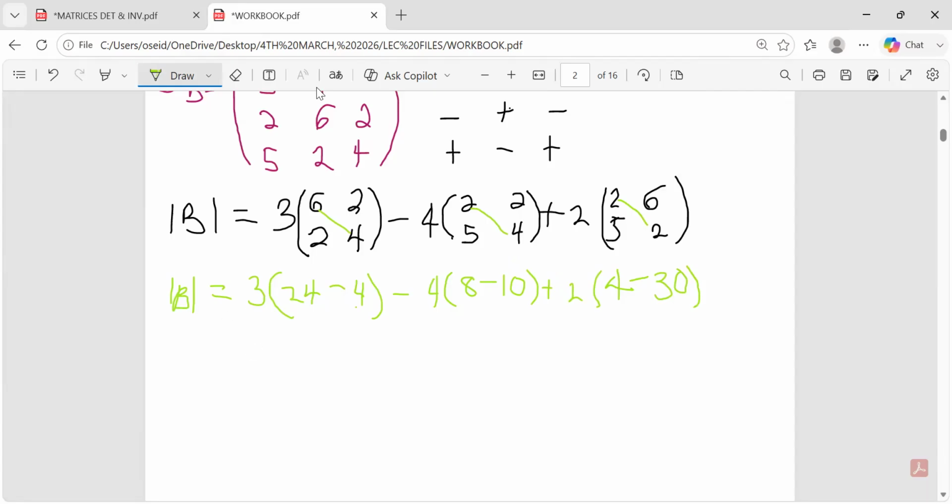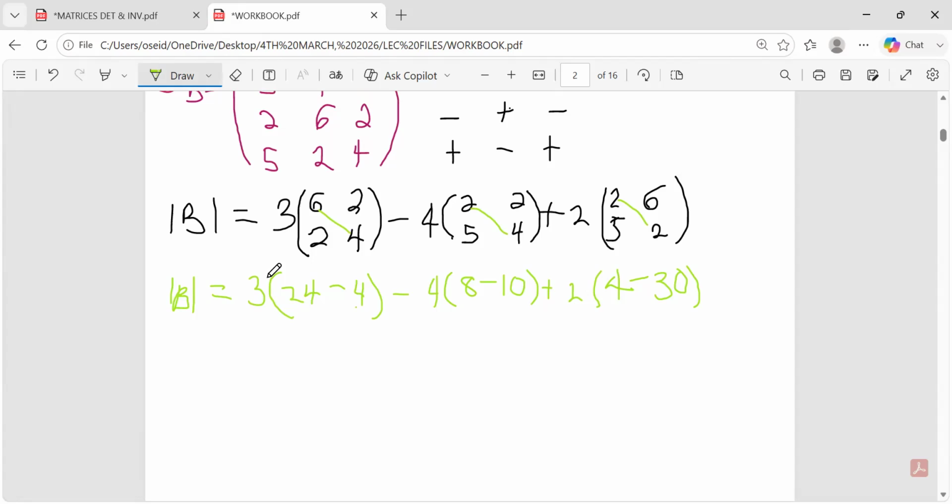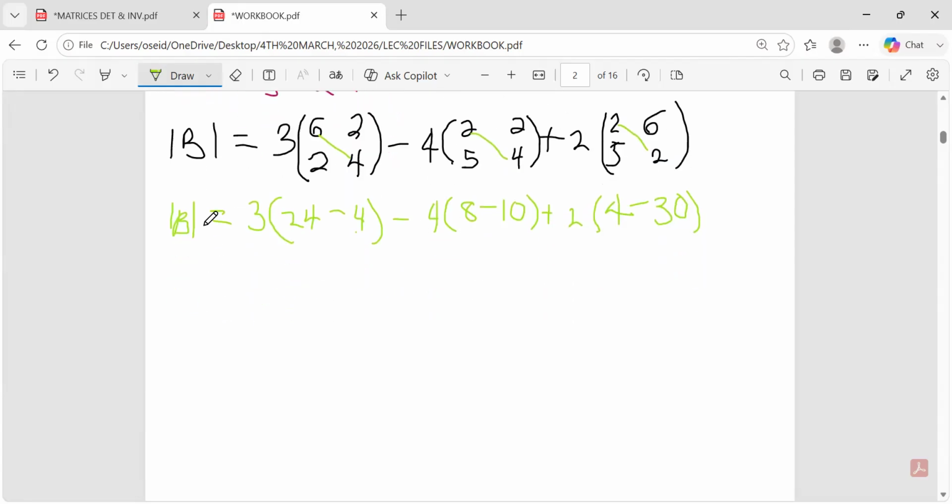We see that the elements on the first row over here are acting as scalars. They are acting as what? Scalars, because you can see the 3 here acting as a scalar, the 4 here acting as a scalar, then the 2 here also acting as a scalar.